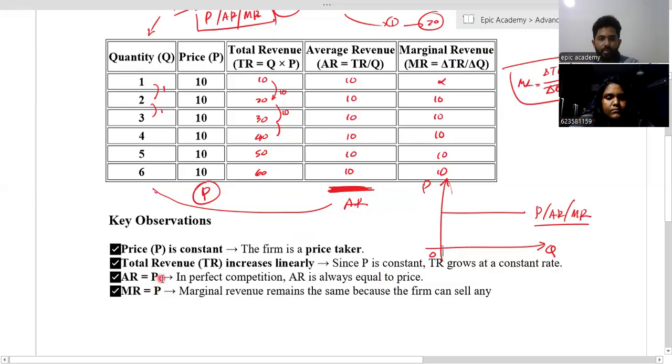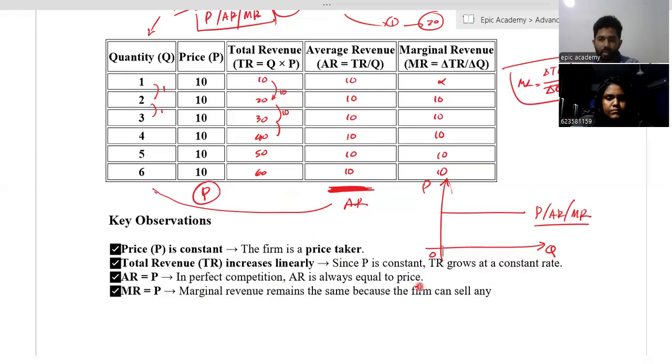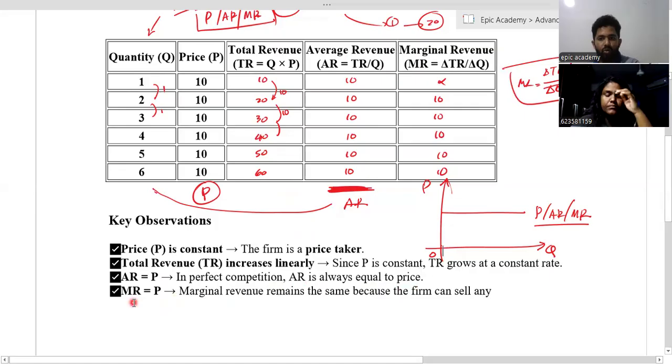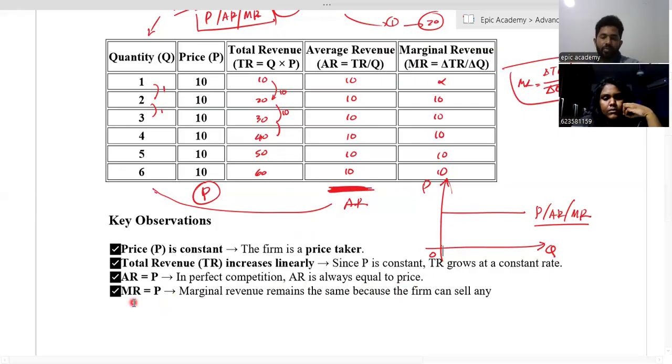AR is equal to P. In perfect competition, AR is always equal to price. AR means the average revenue from selling 1 unit, and it is equal to price. Marginal revenue is the revenue after selling an additional unit.